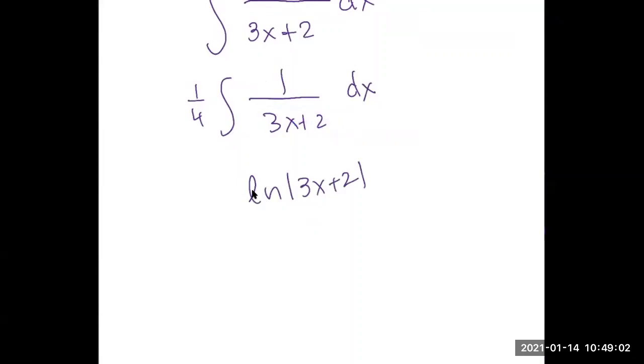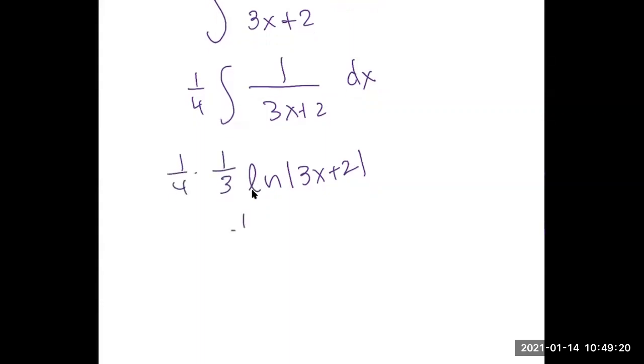The derivative of ln is 1 over 3x plus 2 times the derivative of what's inside, which is 3. But since I'm finding an antiderivative, I want to undo that and multiply by the 1/3 as well. So then you have that 1/3 and the 1/4 that was already pulled out, which is going to result in 1/12.